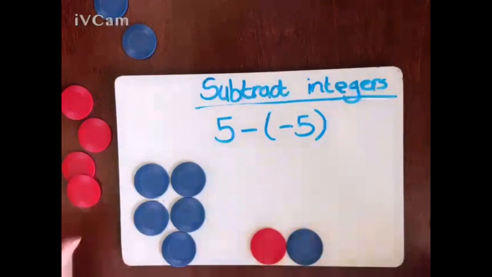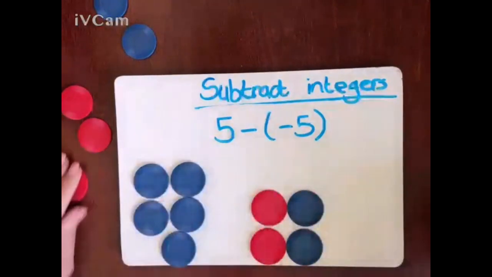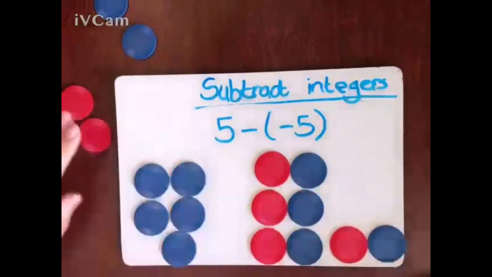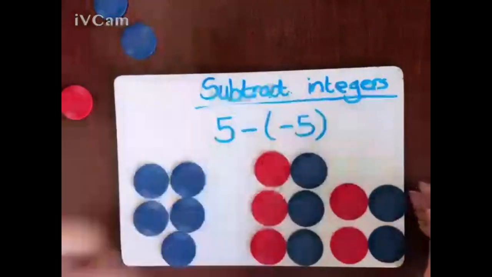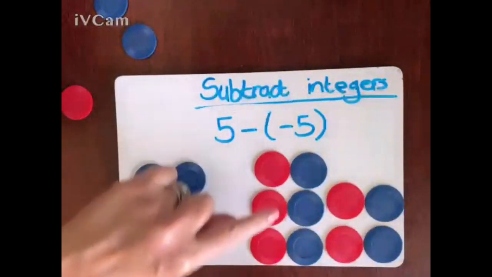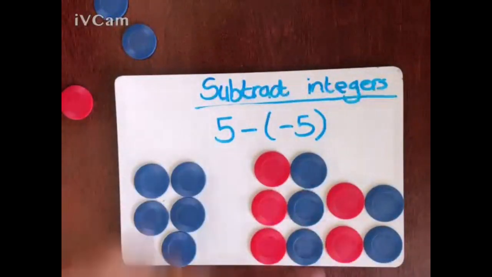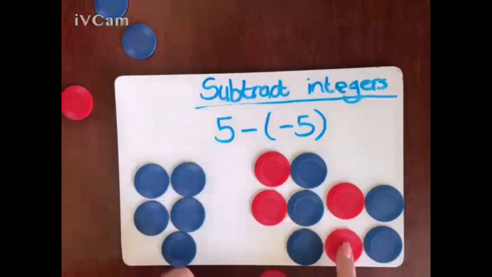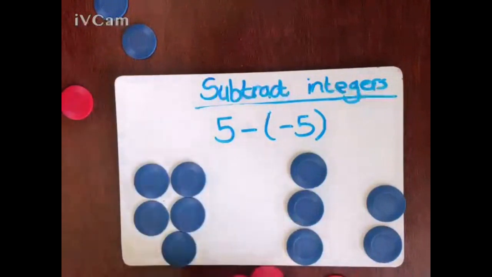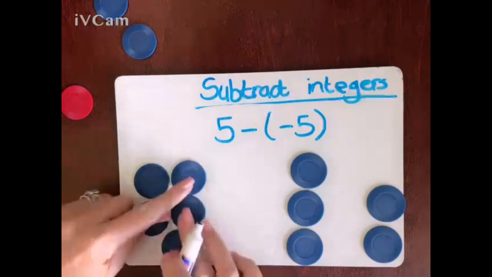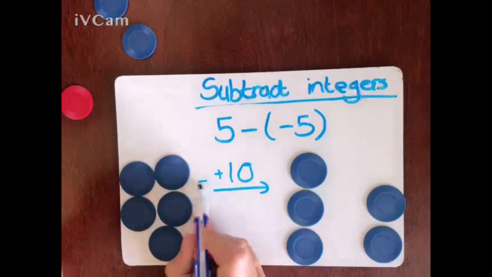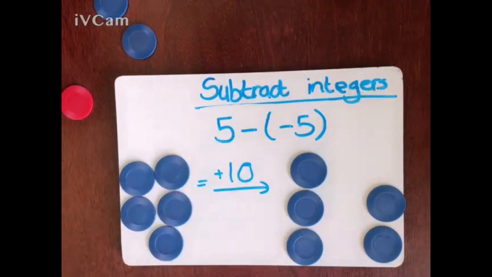Add your 0 pairs because the values still stay 0. And I'm adding 0 pairs until I'm able to take away 5 negative discs. 5 red ones. 1, 2, 3, 4, 5. I take them away. What am I left with? I am left with 10 blue discs. And that's my answer.